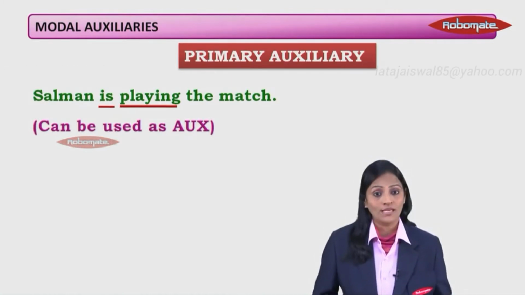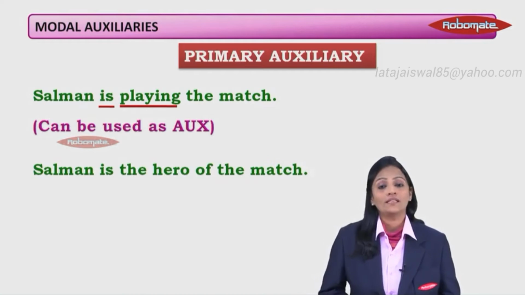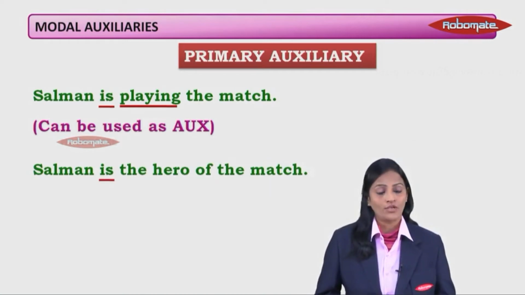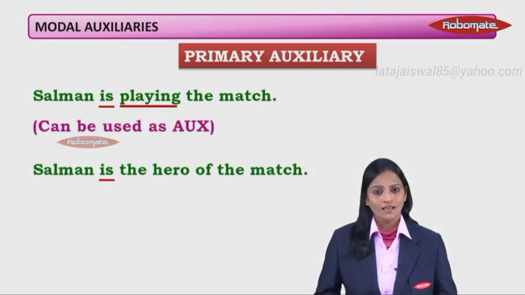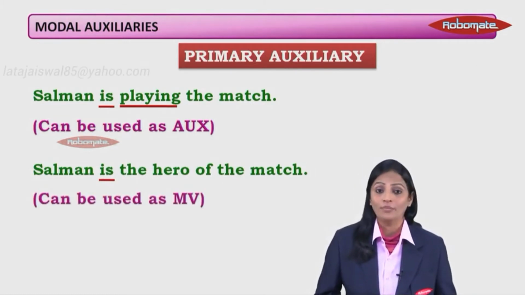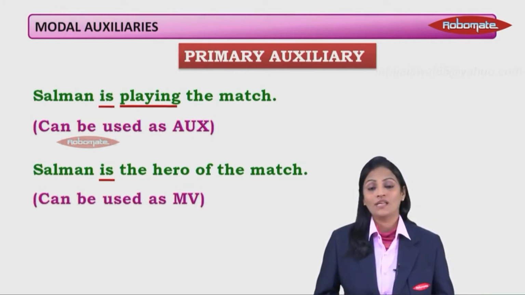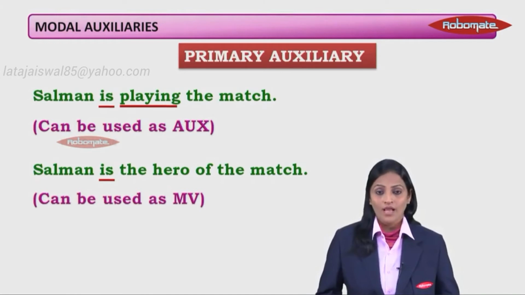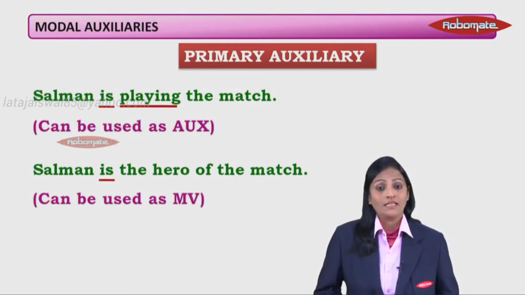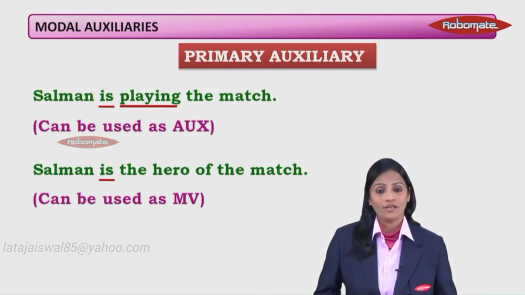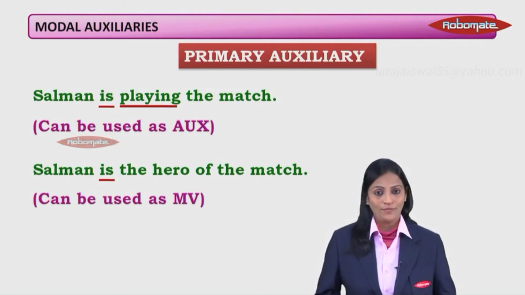Now, if you take the same verb, in this sentence, Salman is the hero of the match. In this case, is the main verb. That means the same verb can be used as an auxiliary, can be used as a main verb. It can do both the functions. It can stand alone in a sentence as well as it can support another verb as a helping verb.